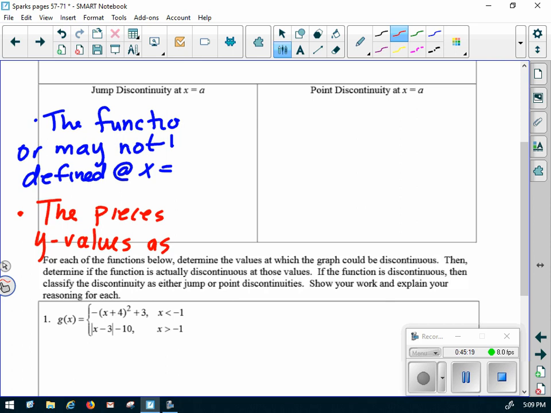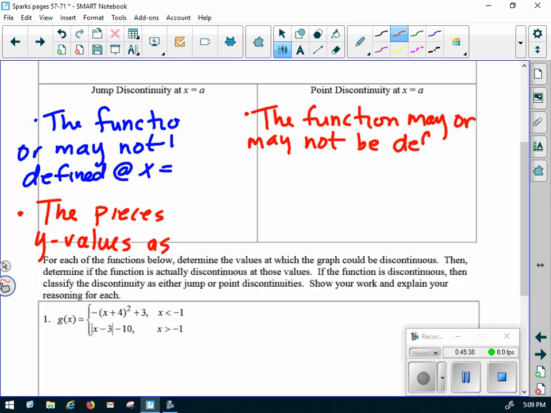Now let's talk about a point discontinuity. First, the point discontinuity is the same as the jump. The function may or may not be defined at x equals a.